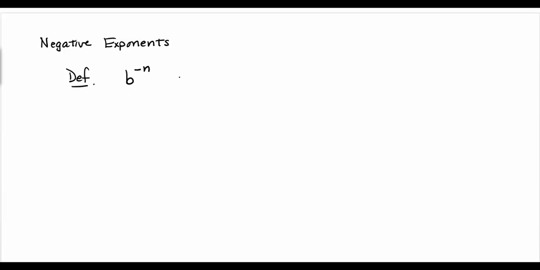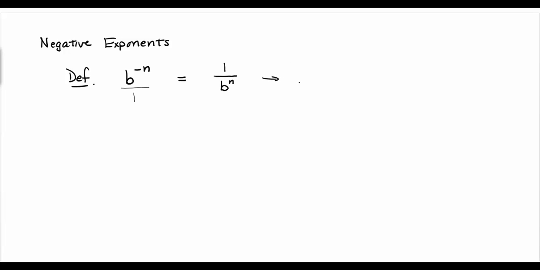So if I have a negative exponent, what I can do is bring that down to the denominator and make it a positive exponent, right? So if I have a negative exponent, and I don't have a denominator, it's assumed to be 1. I basically bring my exponent and my base down to the denominator and make it positive.